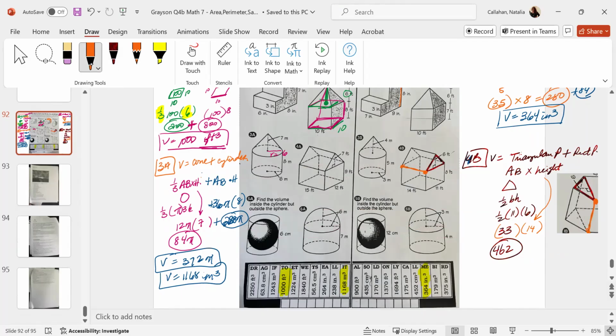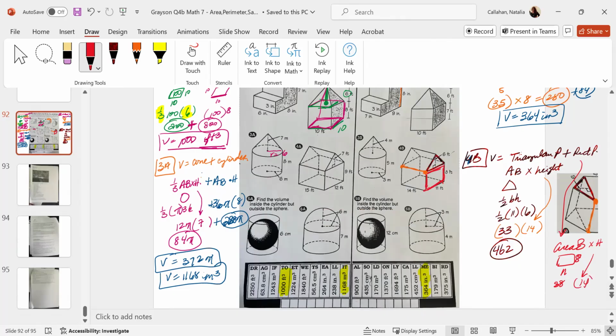Rectangular prism. How do you find the volume of a rectangular prism? Area of the base times height. Where is the area of the base? I'm just going to do this rectangle right here, the one in red. What are the dimensions of that? Good. That gives you 88, correct? What's the height? 14. Same height, correct?